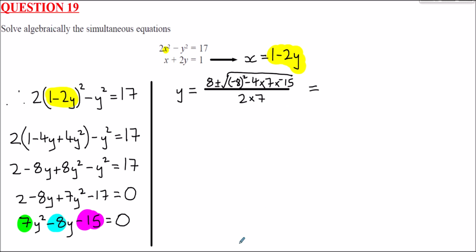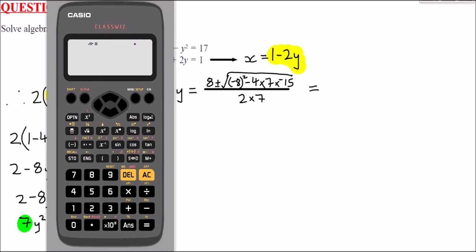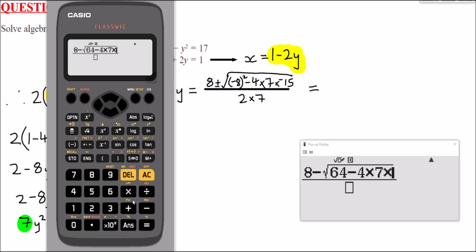So let's just process this now. So 8, go for the minus root first, square root, minus 8 all squared, that's going to be 64, minus 4 multiplied by 7 multiplied by minus 15, and divide by 2 times 7, which is 14.